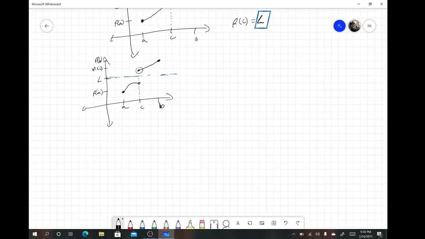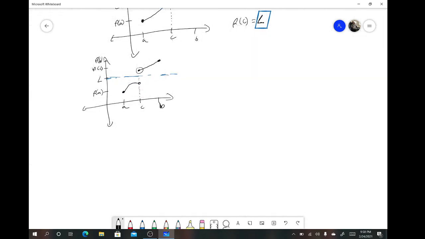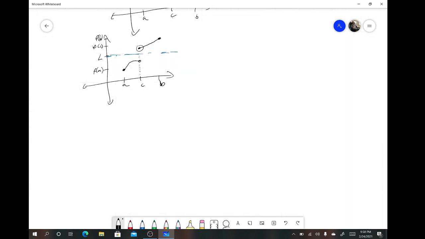So let me actually just tell you the theorem, and that will be the end of the section on continuity. The intermediate values theorem says the following.